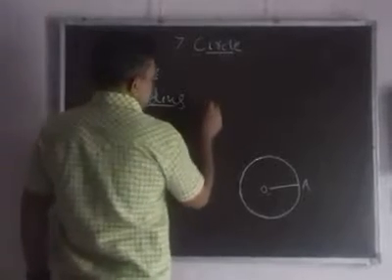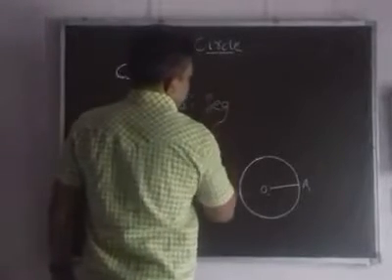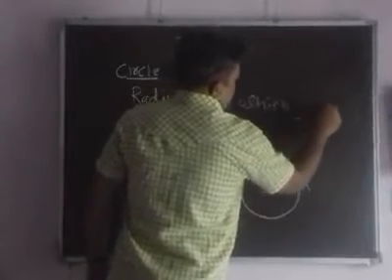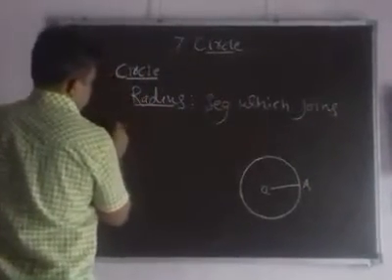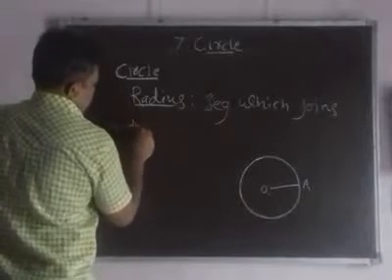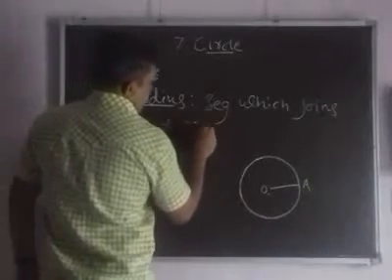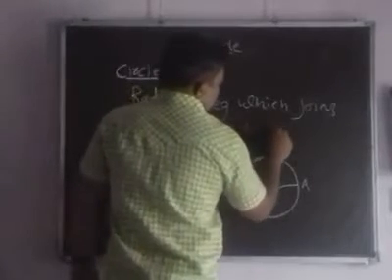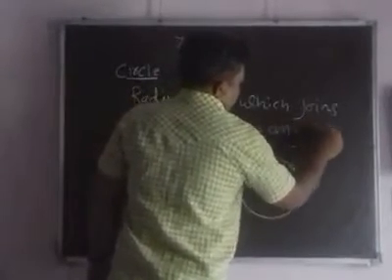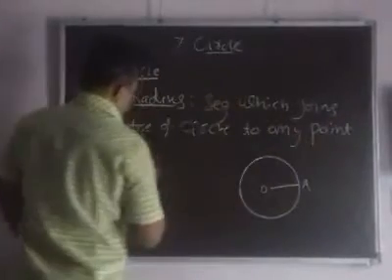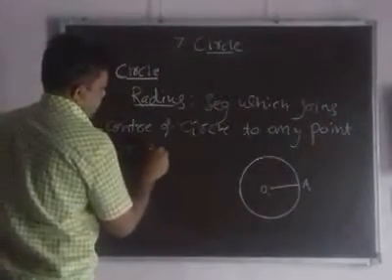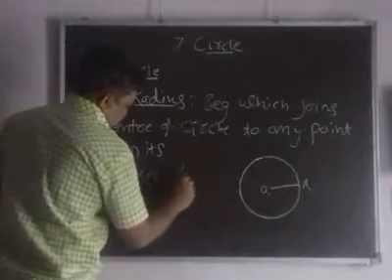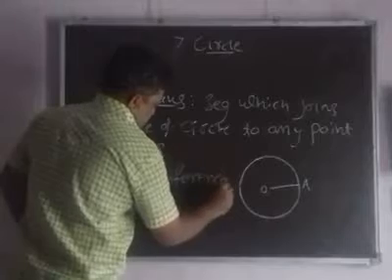It is a distance or a segment which joins the center of circle to any point on its circumference.